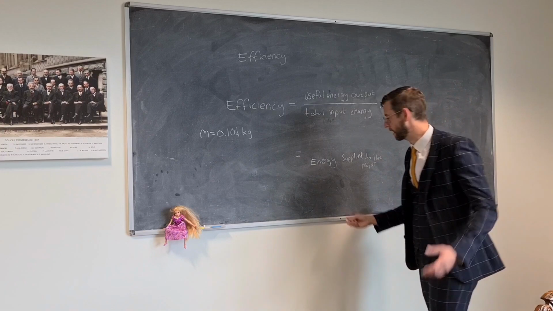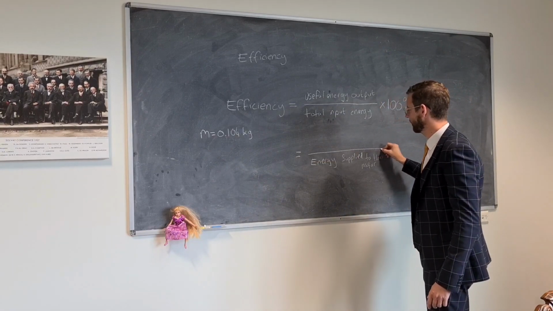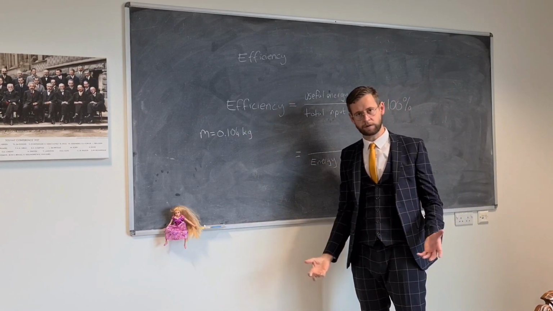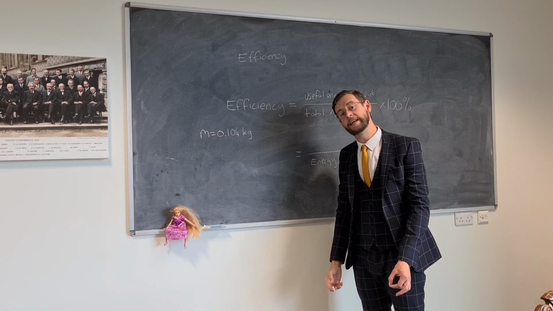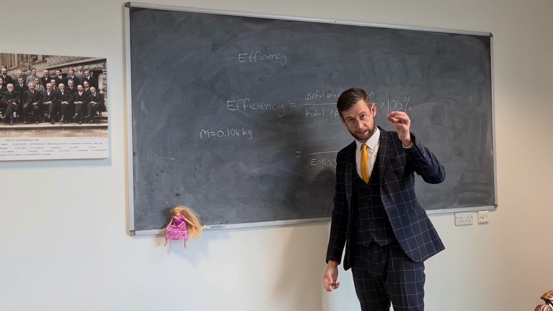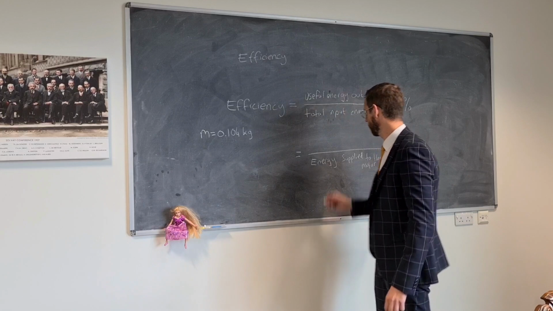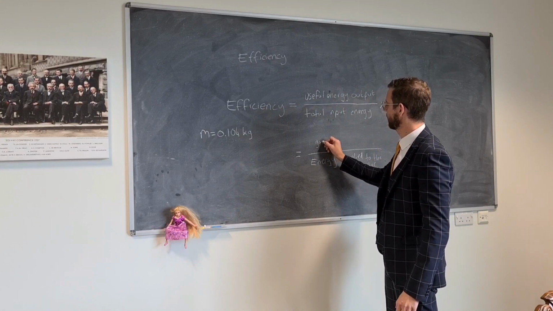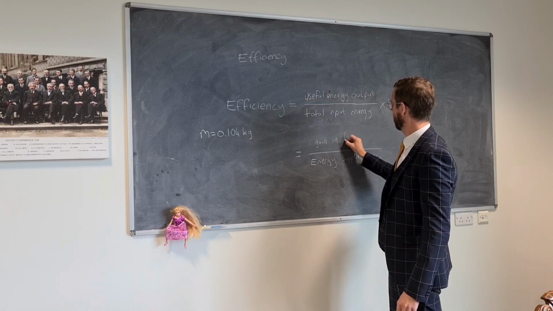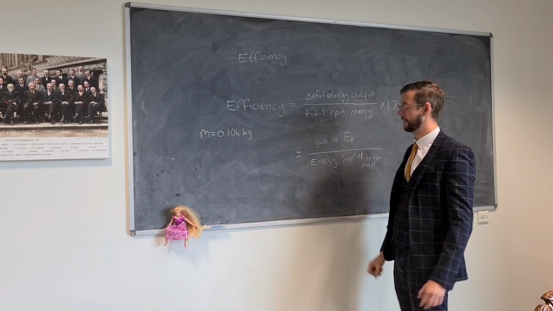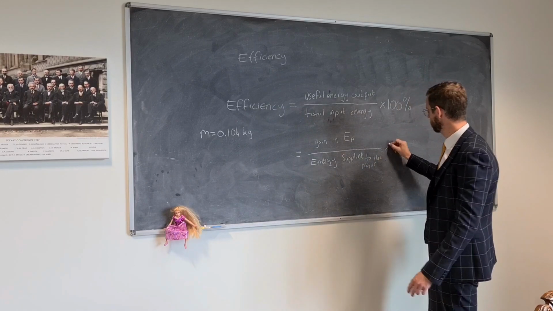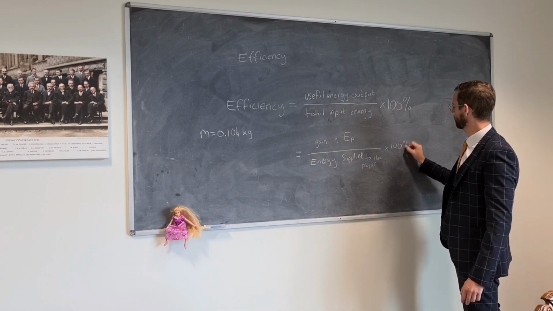That is the total input energy, and on the top line is the amount of energy that we got out, which was her gain in gravitational potential energy as she's brought to the top. So the gain in gravitational potential energy is on the top line, and of course times by 100%.